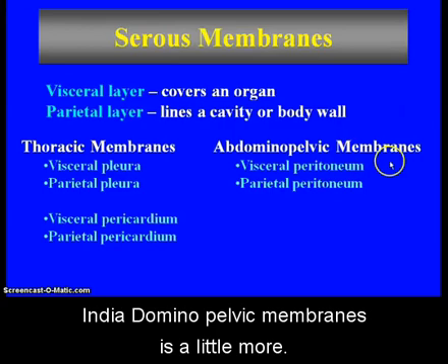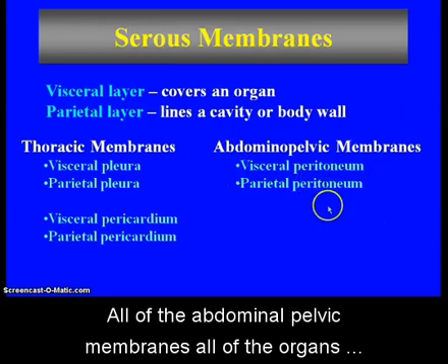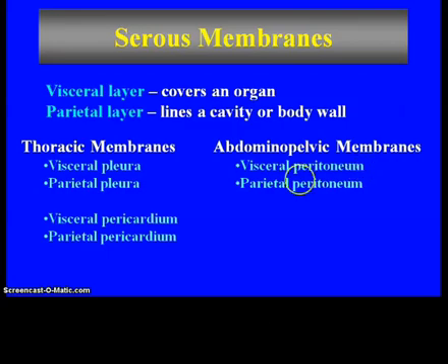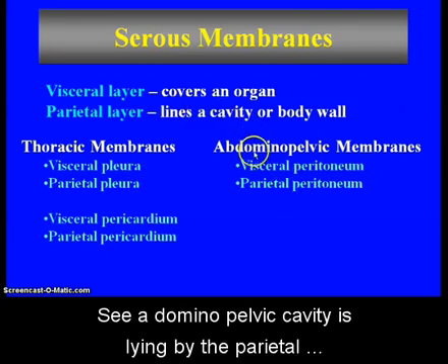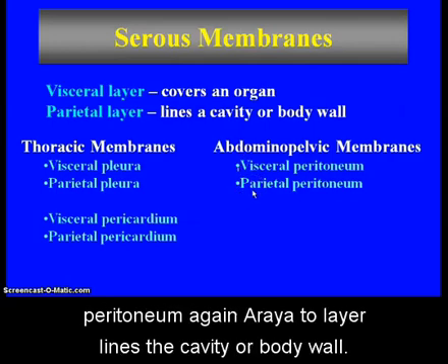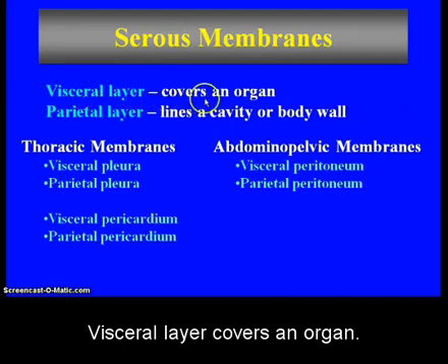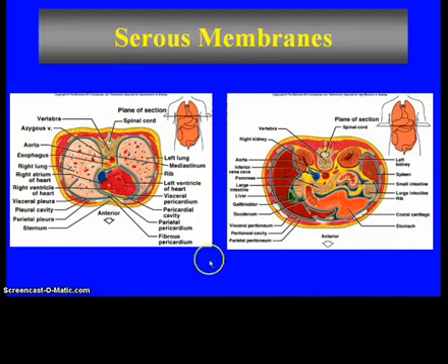In the abdominal pelvic membranes, it's a little easier. All of the organs are covered with visceral peritoneum. The abdominal pelvic cavity is lined by the parietal peritoneum. Again, the parietal layer lines the cavity or body wall. The visceral layer covers an organ.